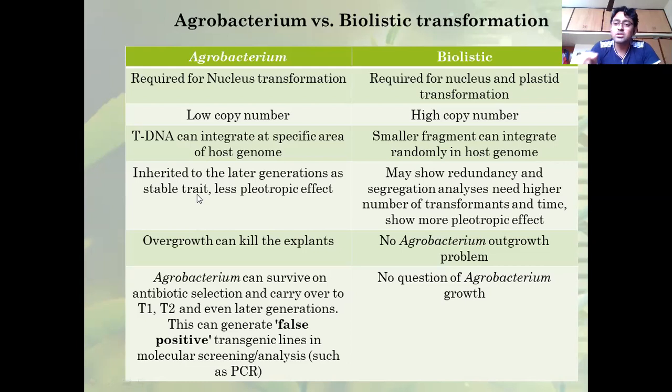From there, we can get a plant from plastid transformation. So plastid transformation, or transplastomic plants, is also important. And suppose in the case of some genes, we need to express them in the plastid so we only transform the plastid. For that, biolistic transformation is the only option.